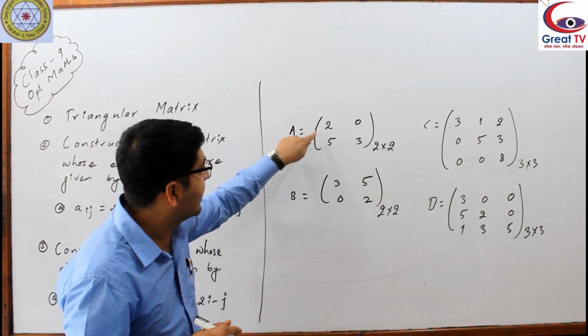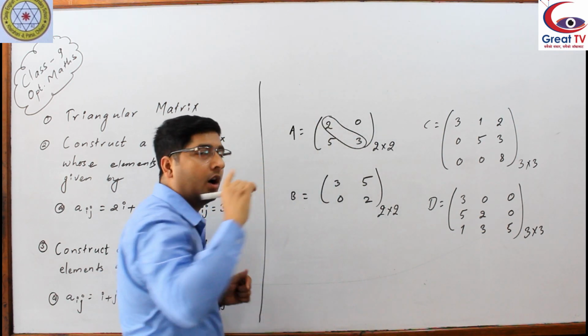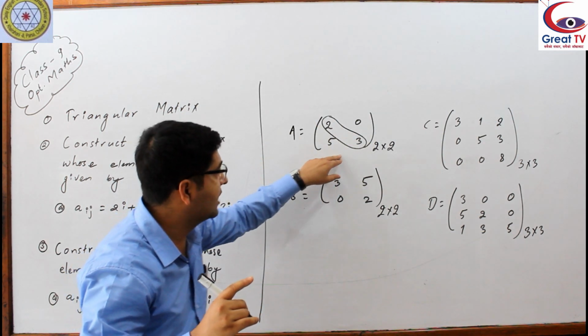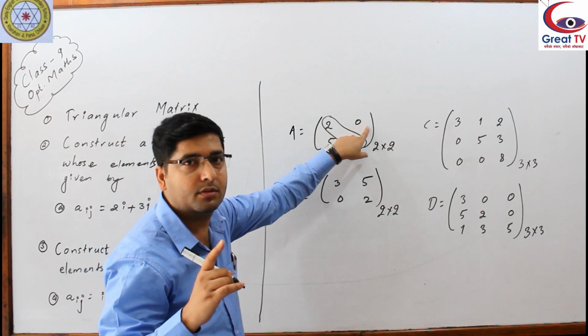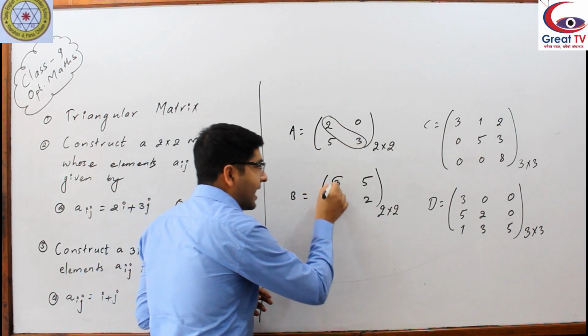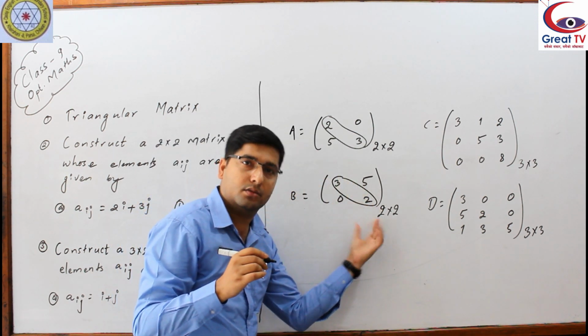You can see here, leading diagonal 2, 3. Then all elements above this diagonal, we have only one element which is 0. Then you can see here, leading diagonal 3, 2. Then the elements below the leading diagonal are 0.